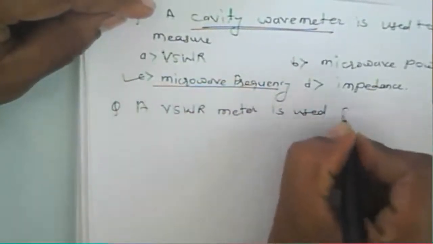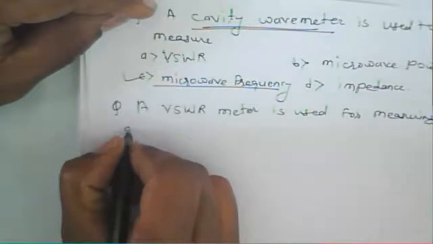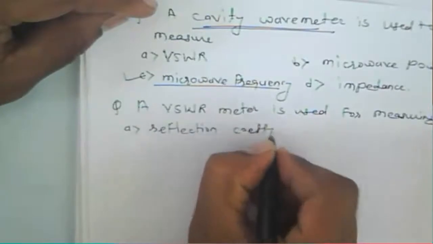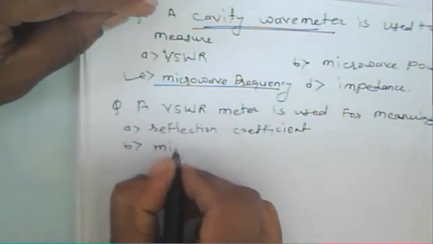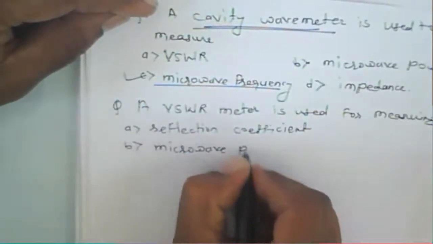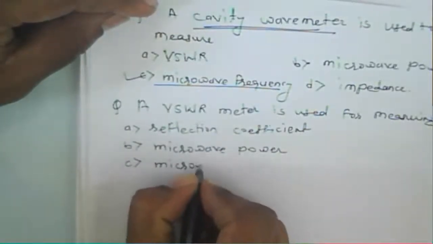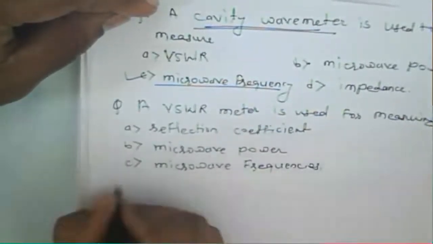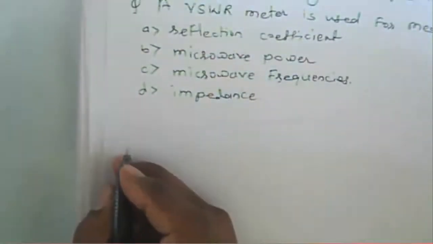Next, a VSWR meter is used for measuring: A, reflection coefficient; B, microwave power; C, microwave frequencies; D, impedance.